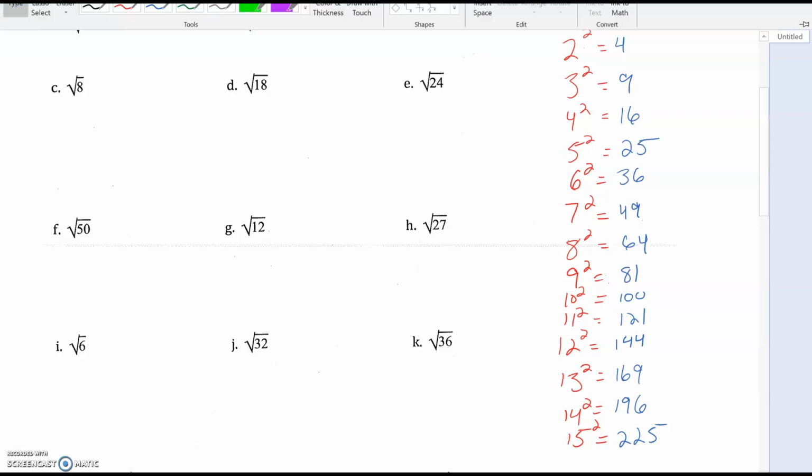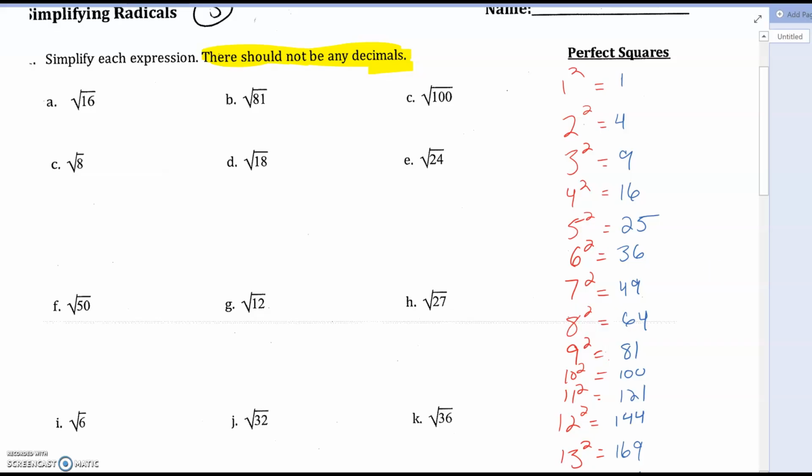So all of these blue numbers are called perfect squares because you can take a square root of them and get a whole number. Like if 3 squared is 9, then the square root of 9 equals 3.